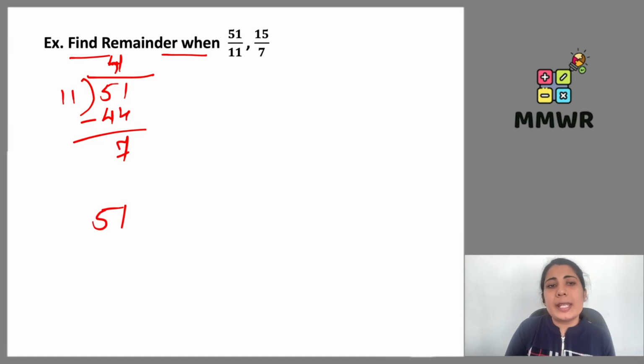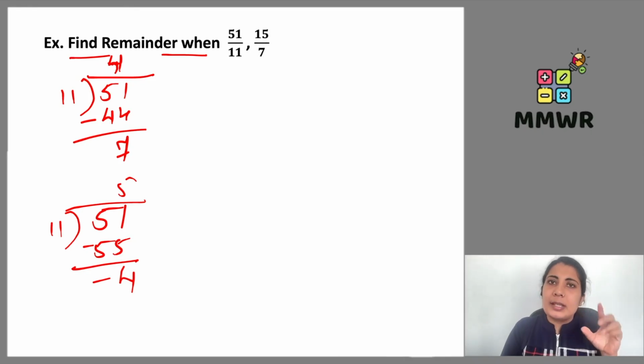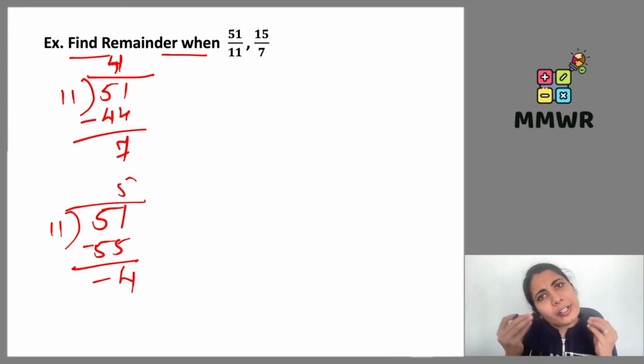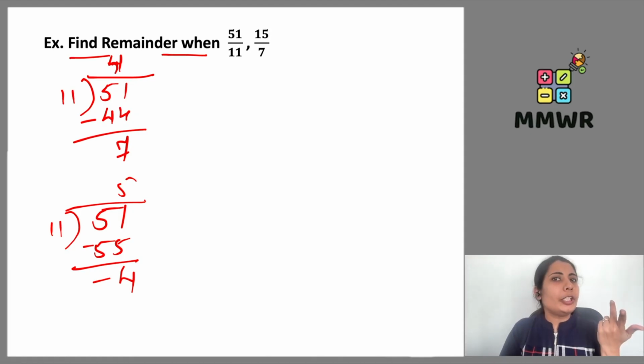51 के सबसे पास में 11 के टेबल में होता है 55. That we get 5 times. We don't have to worry for that. So 51 minus 55 gives me minus 4 remainder. So in such type of cases, जब आपको पता है कि 51 लेंगे, फिर 11 के टेबल में 51 से छोटा क्या आएगा, in that case and when it is especially difficult to read out the table also, you know कि 55 तो आता ही है and 55 is very close to 51, so you can subtract 55, but that gives you negative remainder, but that negative can also be converted into positive.